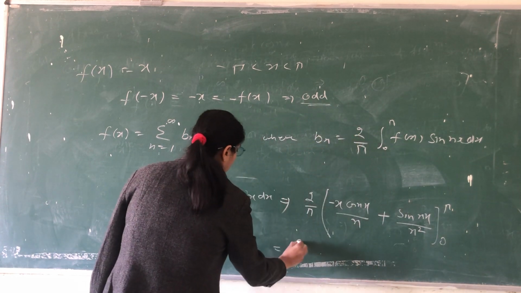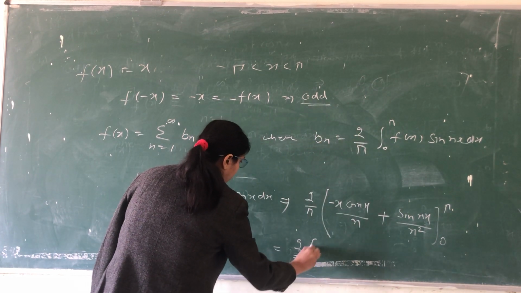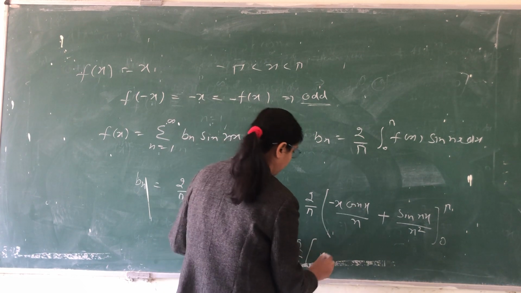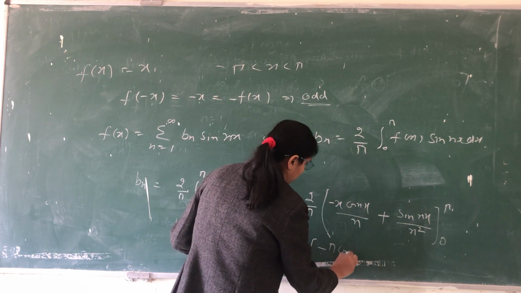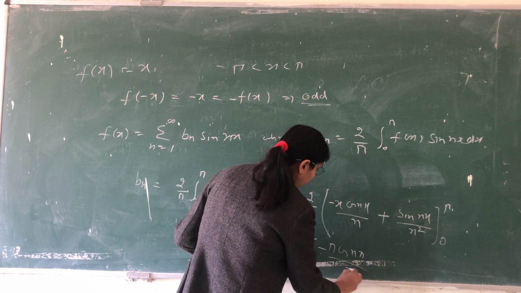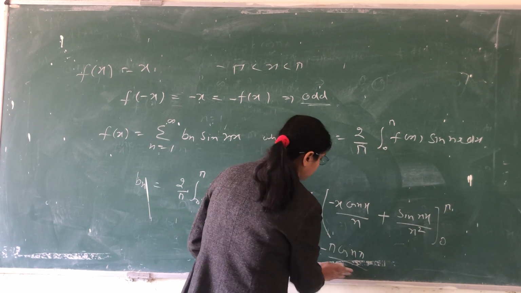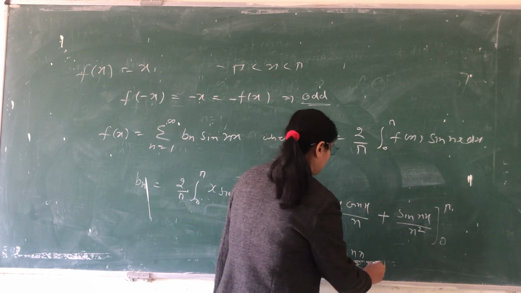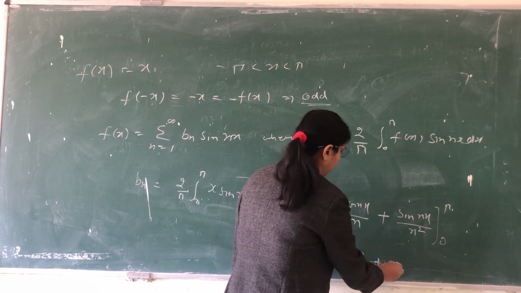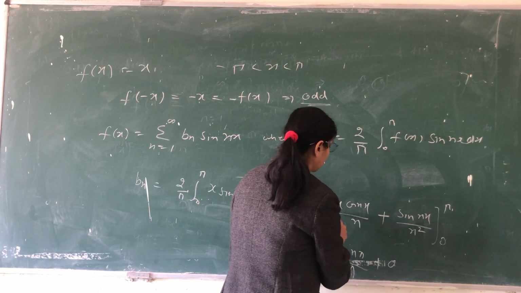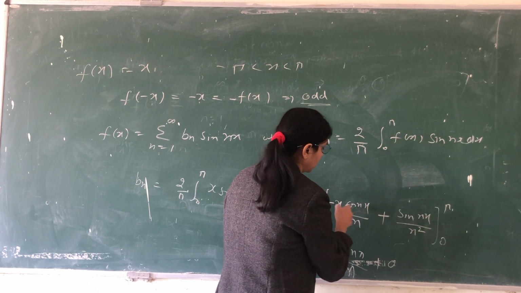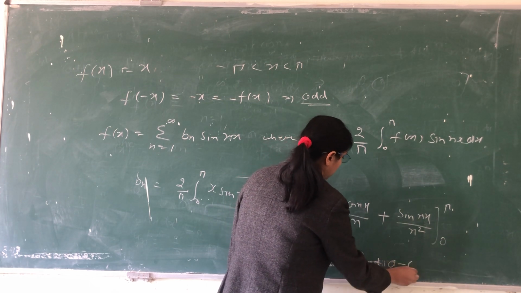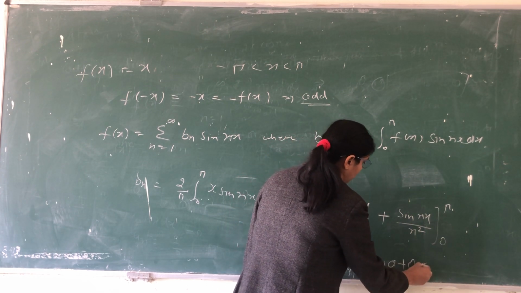That is 2 upon pi, when putting the limit pi we get minus pi cos of n pi over n plus sin of n pi, which is 0. When putting x equals 0, the term with x is 0 and sin of 0 is 0.